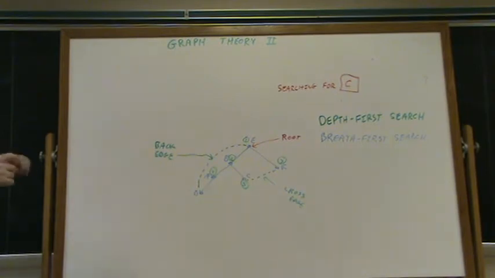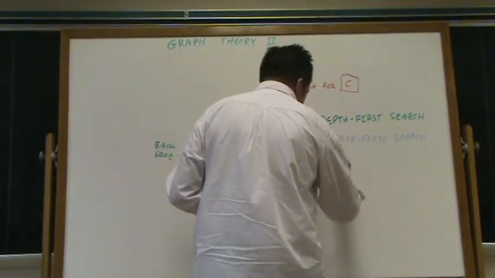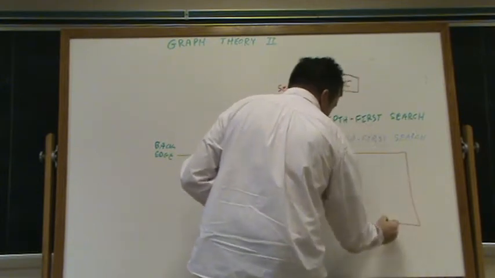Now, if we were to implement this on a computer, the implementation would be something like this. Let's say we chose this adjacency matrix.